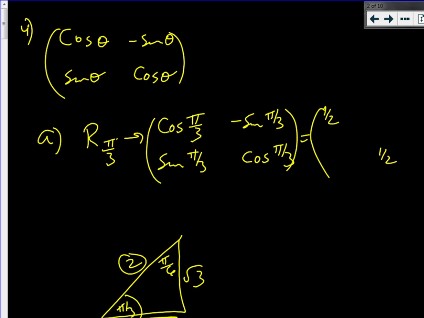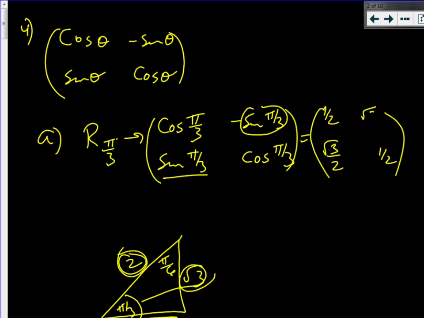So that gives me those two numbers. And the sine is the opposite over the hypotenuse. That's the square root of 3 over 2. And that's also what I circled, the square root of 3 over 2. But there is a minus in front. So that is the answer to part A.